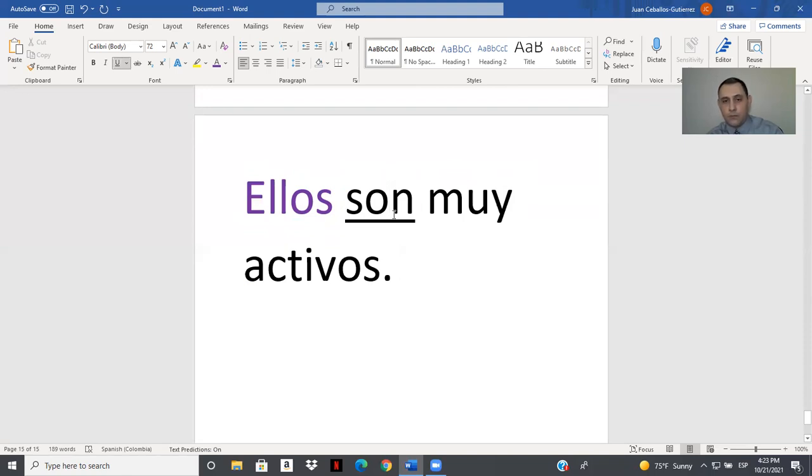So the verb needs to agree with the subject in third person plural. So it has to be conjugated in third person plural. And son is third person plural. And the rest of the sentence doesn't matter. I'm not going to explain that right now, and we don't need to go into that yet. And that's it.